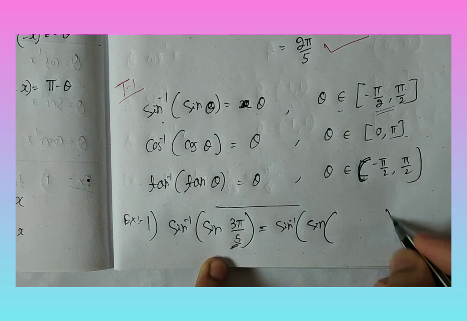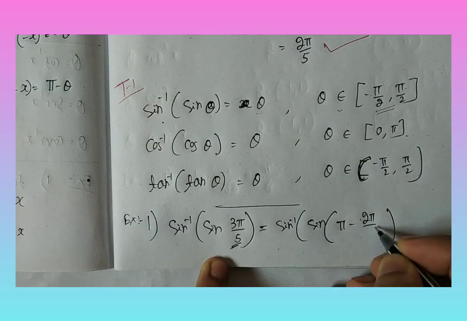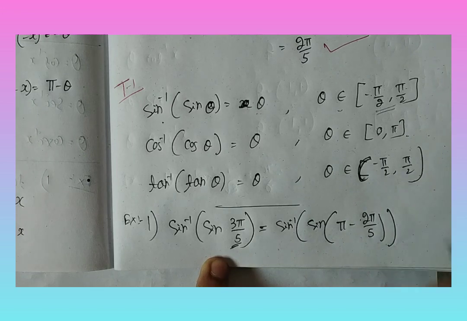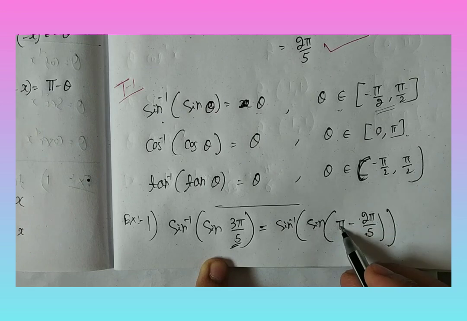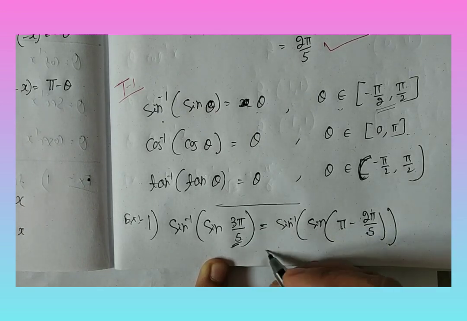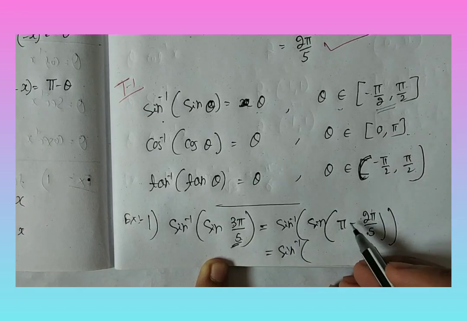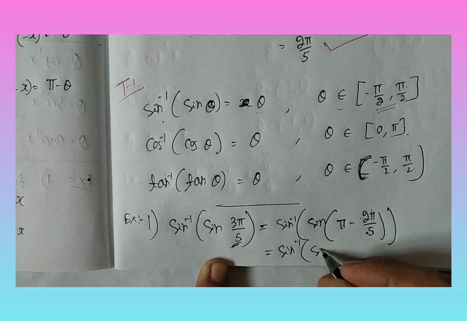We can write pi minus 2 pi by 5. Yes or no? If you solve this pi minus 2 pi by 5, you will get 3 pi by 5. Next, sin inverse sin of (180 minus theta).